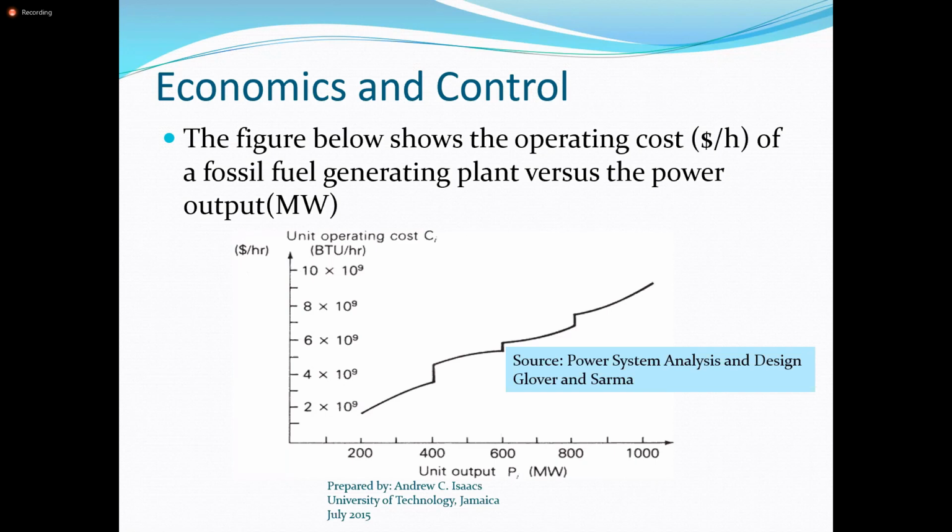Conclusion number two, the bus voltage is more impacted by changes in the reactive power at the bus bar. Those are your two concluding statements. End of discussion. Because your objective was, what is the impact of P on delta and V? What's the impact of Q on delta and V?